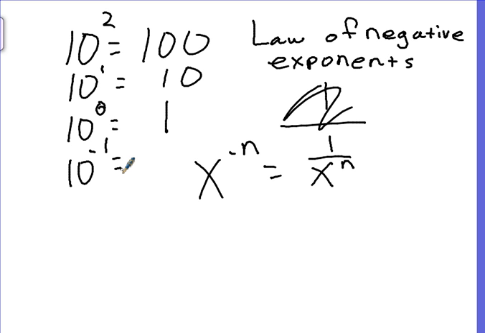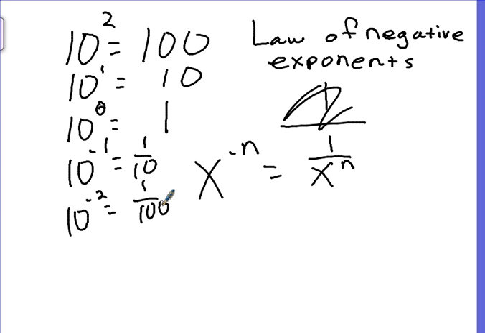What is 10 to the first? 10 to the first is 10. So this can be 1/10. It's not negative, it's just small. So when we get to negative exponents, we get small. We don't become negative, we just get small. So 10 to the negative second would be 1 over 100, because 10 squared is 100, right?